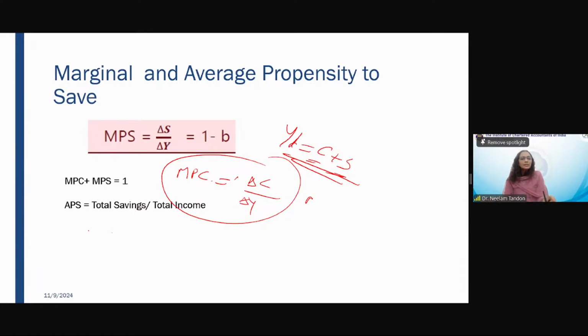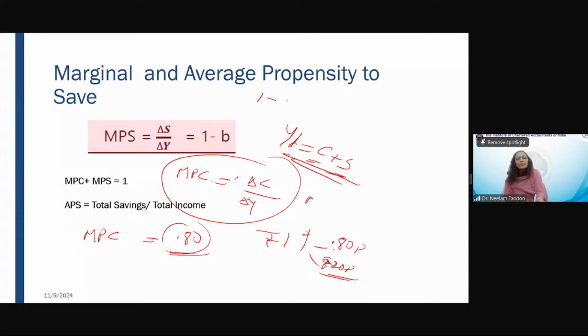Okay, so then we can say that, suppose marginal propensity to consume is 0.80, what does it mean? It means if your income increased by 1 rupee, then you consumed 80 paisa and saved 20 paisa. That means 1 minus 80 paisa is equal to savings.